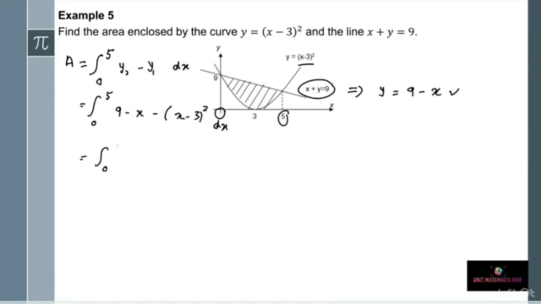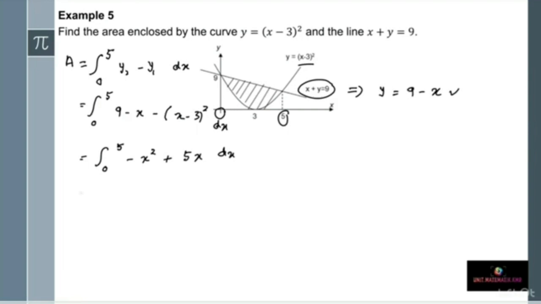Don't forget to expand and simplify. After you expand and simplify, you should have negative x squared plus 5x dx.